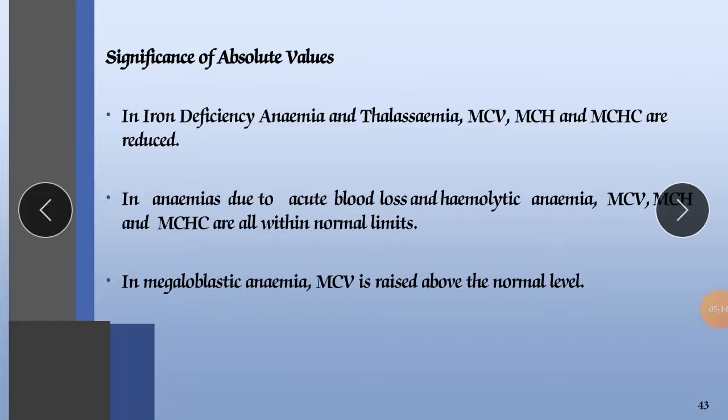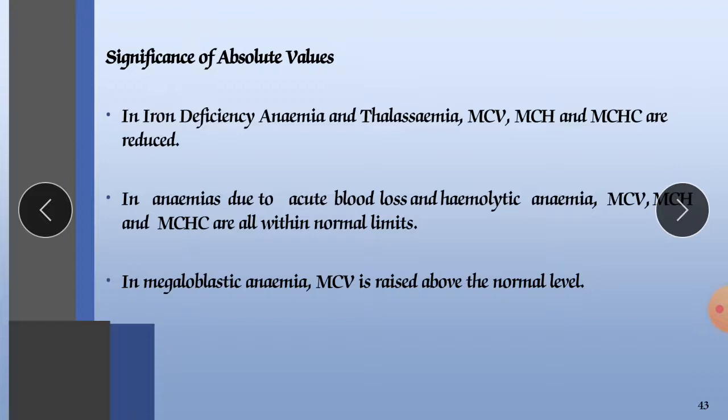Significance of absolute values. In iron deficiency anemia and thalassemia, MCV, which is the mean corpuscular volume, MCH, which is the mean corpuscular hemoglobin, and MCHC, which is the mean corpuscular hemoglobin concentration, are reduced.